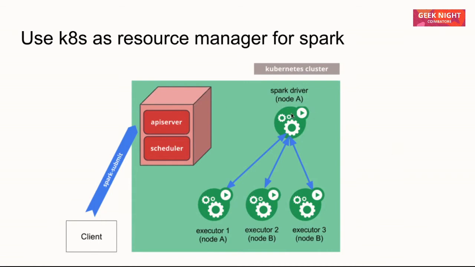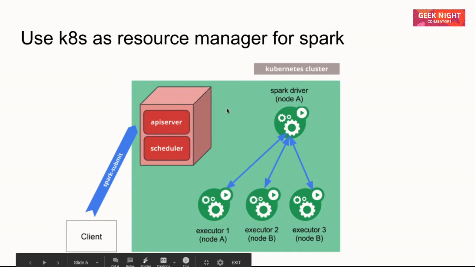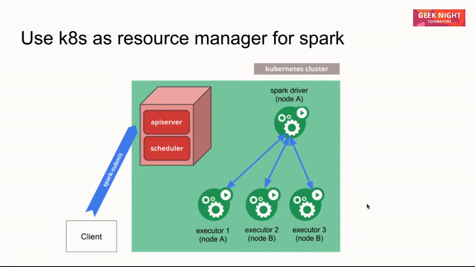So a driver pod is created, then executor pods are created, computation happens, then executor pods are removed. Once they are done with the execution, they'll be removed immediately by Kubernetes. And then the driver pod actually stays, but it doesn't use any resources. It will have just the logs, which we can see.